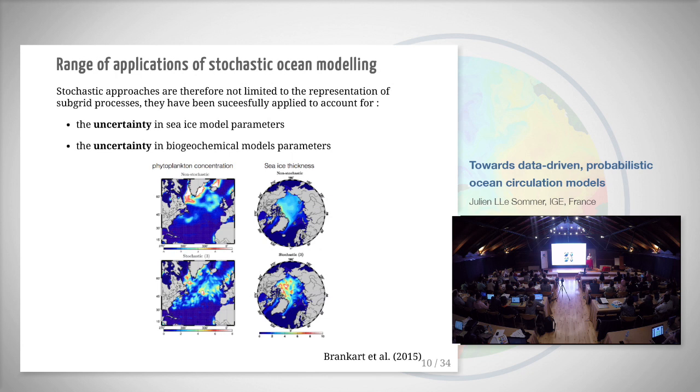And among those uncertainties, there have been a number of demonstrations in the recent literature, but there are convincing results supporting that it's a good way for accounting for uncertain parameters in sea ice models. It's also a good way for accounting for uncertain parameters in biogeochemical models, which we all know are only weakly constrained by observations.